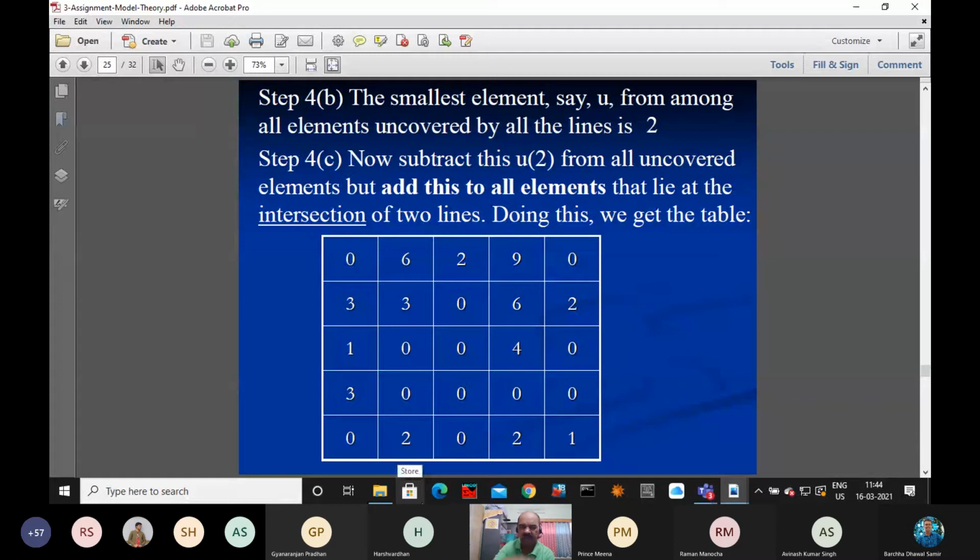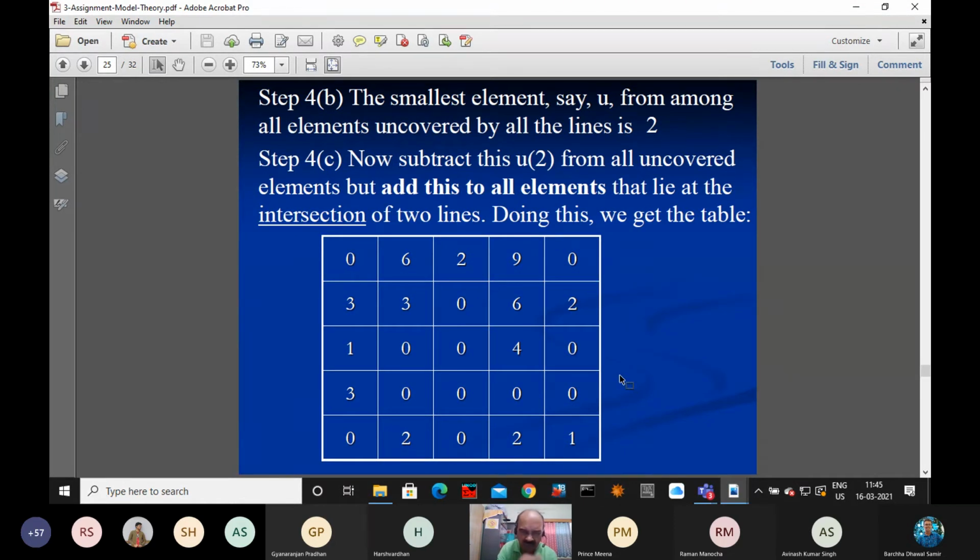We have subtracted the 2 from all the uncovered elements, and that 2 has been added at the intersection of the horizontal and vertical lines. So we got a new assignment matrix. Now we have to assign further.